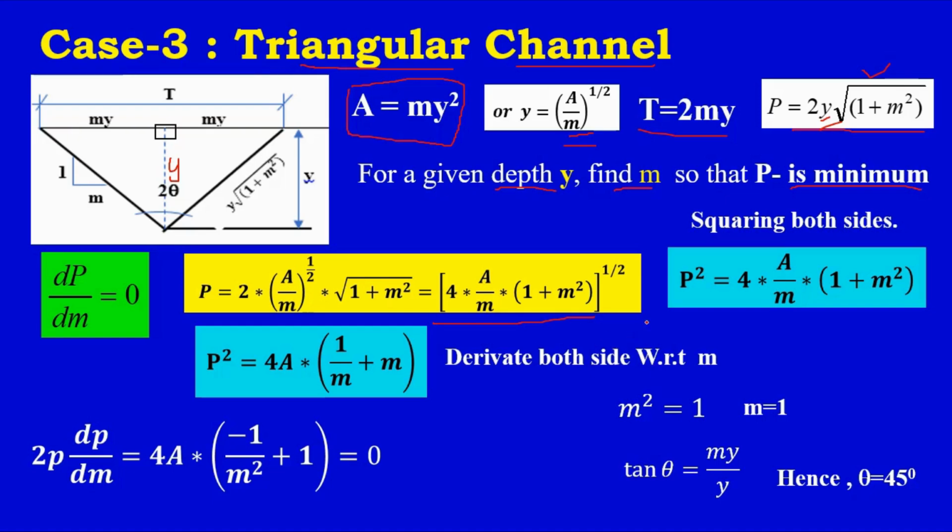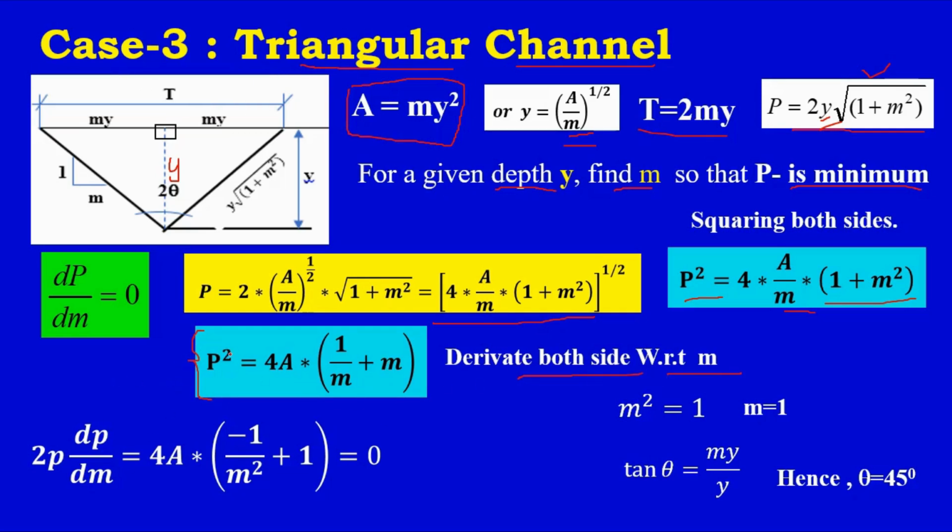Or you can again square both sides. So p square equal to 4 times a over m times 1 plus m square. So this is the general equation. So once you have this equation, then to make it simple, which is exponents, derivate both sides with respect to m.